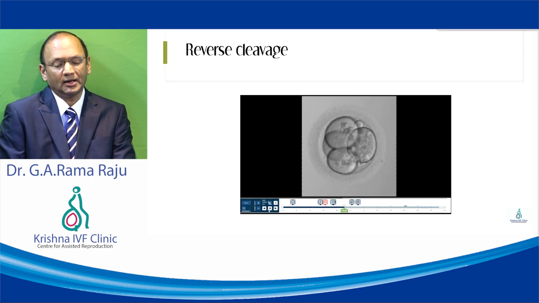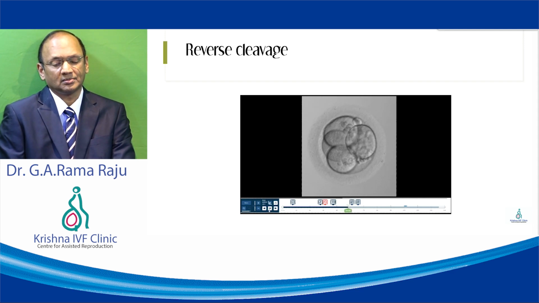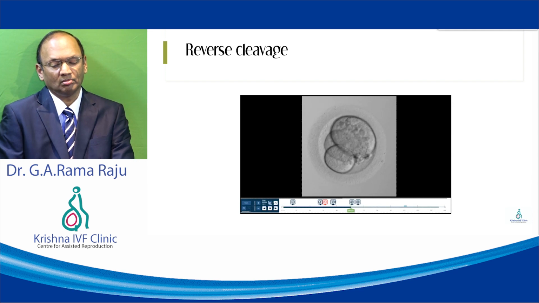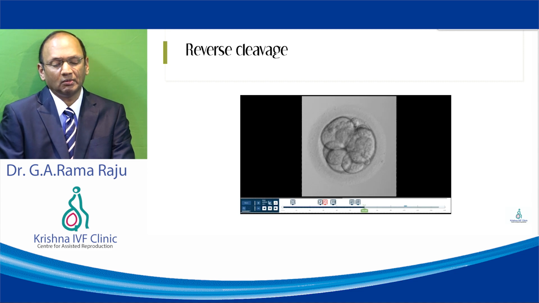The transfer is avoided if other embryos are good embryos. And you can see the unequal size of the blastomeres or the abnormal cell division.